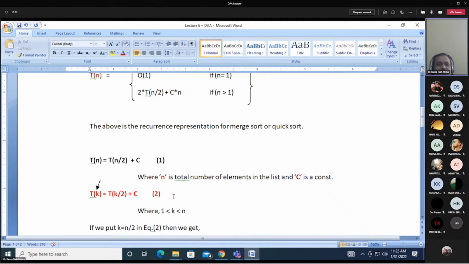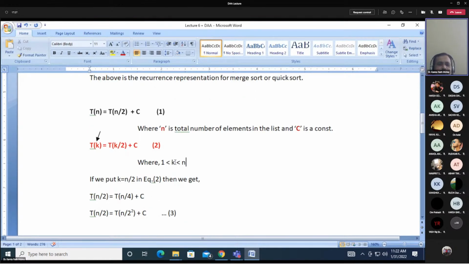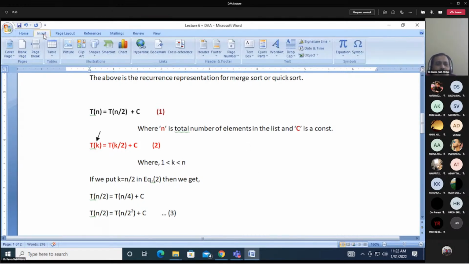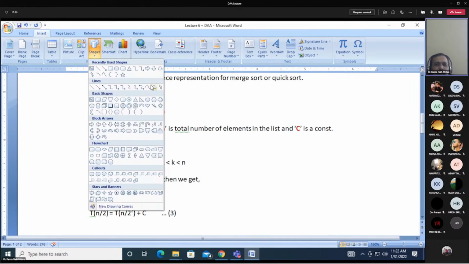So now we have started solving. Here n was representing the total number of elements in the list. That was equation 1. Now we assume that another element k is there, and what is happening with respect to k?